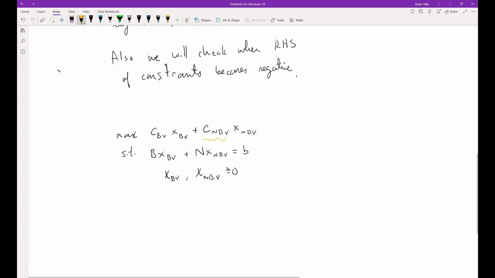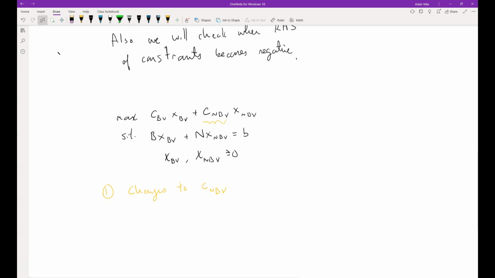We'll look for changes to the objective function of the non-basic variables. Essentially what we want to see is, if we make CNBV a larger value, when does it become more profitable to change your basic variables and adjust your strategy?